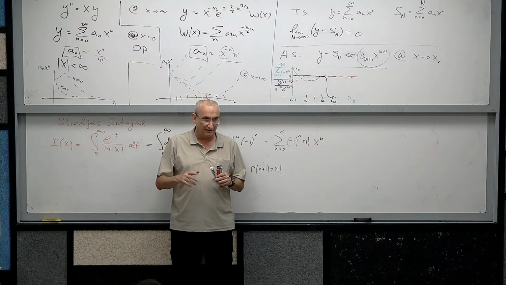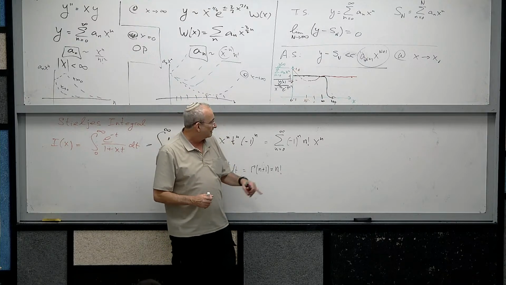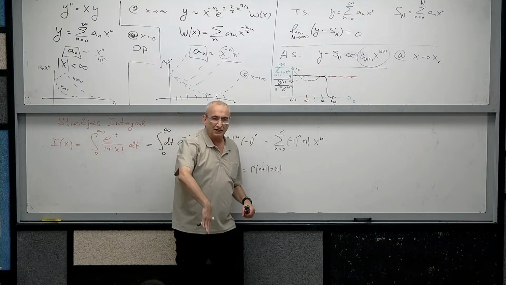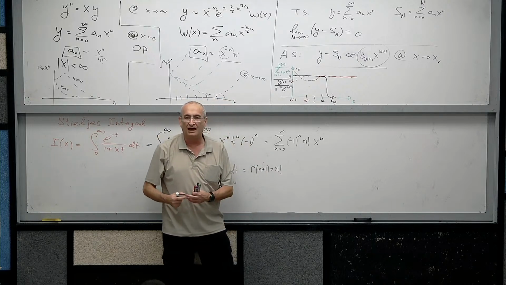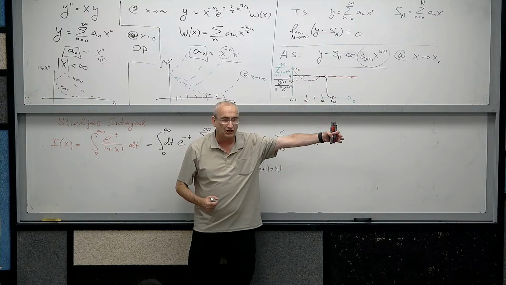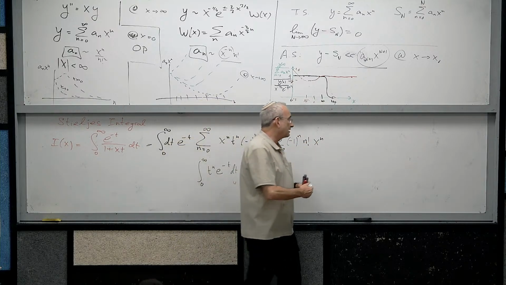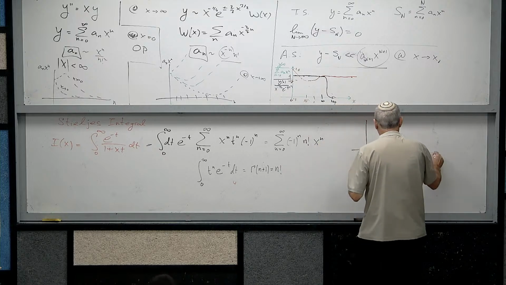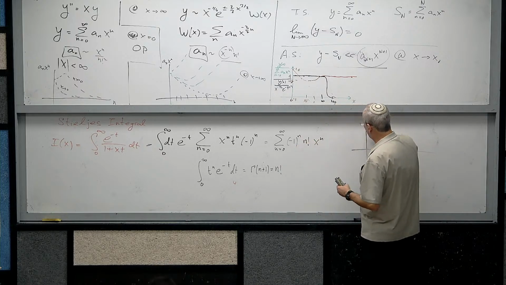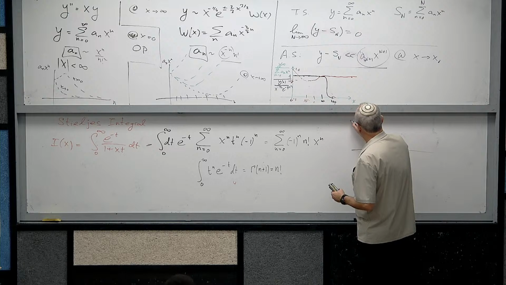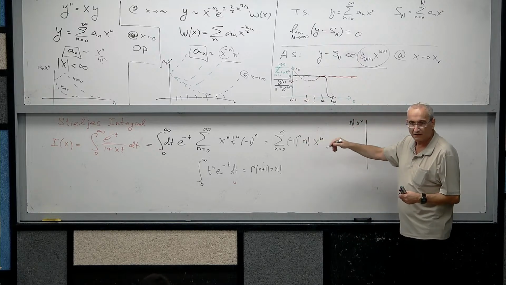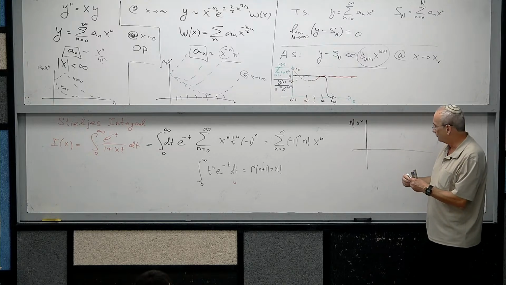However, if x is very small, the x to the n will go down exponentially fast, and I will have to wait for very, very large n for the n factorial to win. So now I'm speaking about n factorial x to the n. Of course, there is a plus minus, but I don't want to plot it.